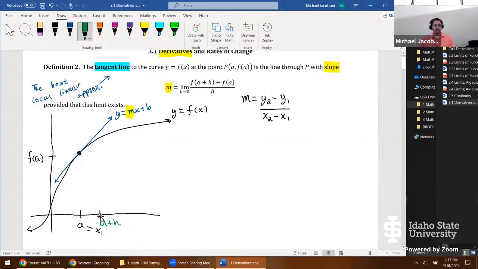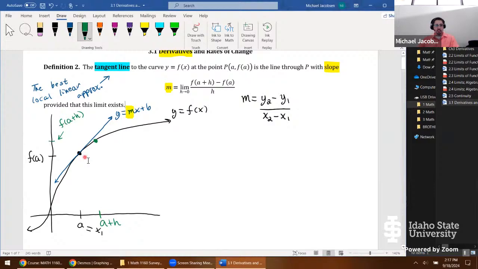So a plus h is a location here. On the graph, we go vertically upwards, and we hit a point in this location. So that point has an output on the left. Let's go over here. This is f of a plus h on that coordinate. Got a little tight over here, so we'll use the arrow trick.